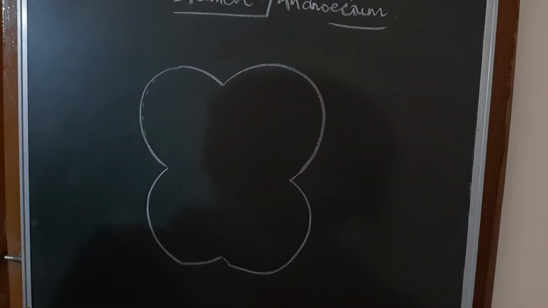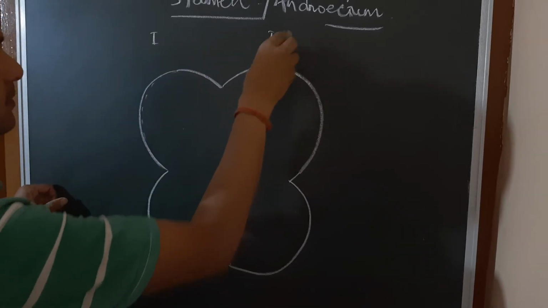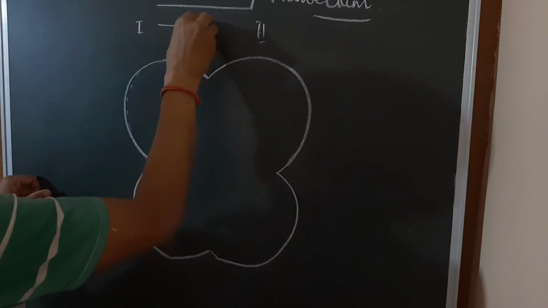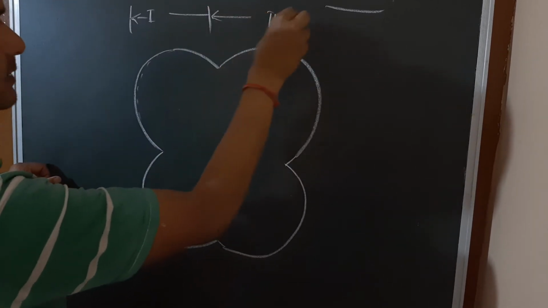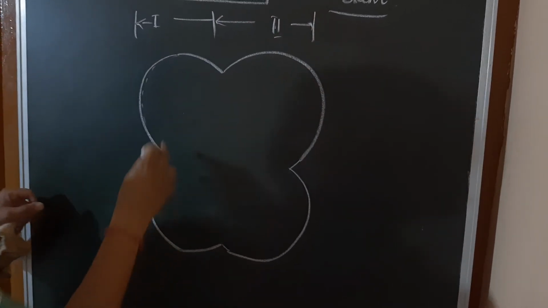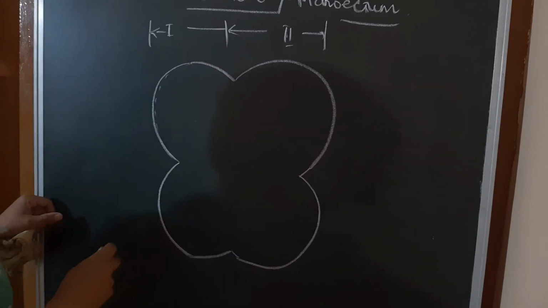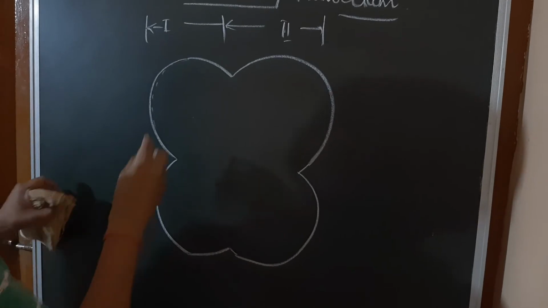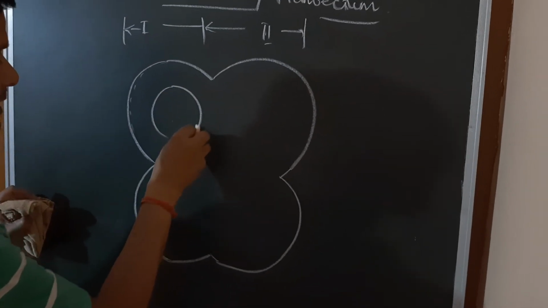Here this is the first lobe and this is the second lobe. This is the first lobe from here to here, and this is the second one from here to here. Each lobe has two compartments, and these two compartments are actually the microsporangia. These are pollen sacs which we will be drawing in this manner.